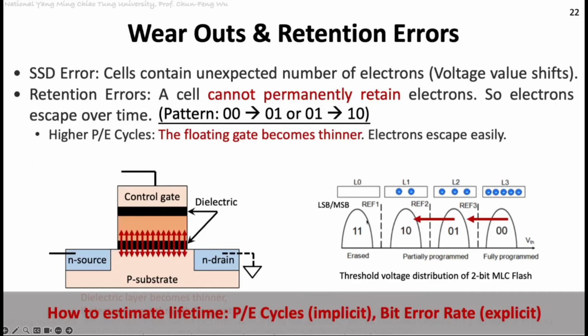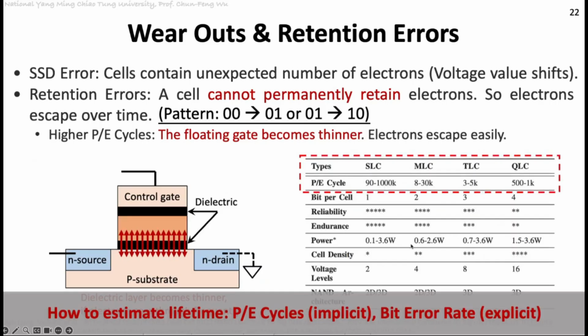So if you split the states into more, using 3 bits or 4 bits, then in the same voltage gap you need to represent more states. Then the error rate can increase, because only a slight difference from one voltage to another will cause it to be misread as level 2 or level 1. So more states means more errors are generated more easily.